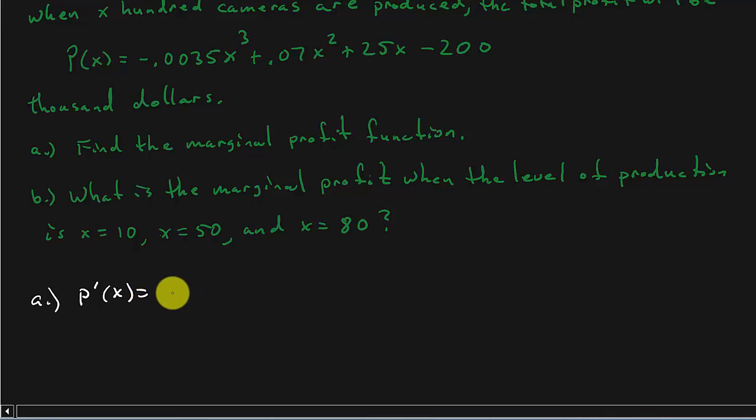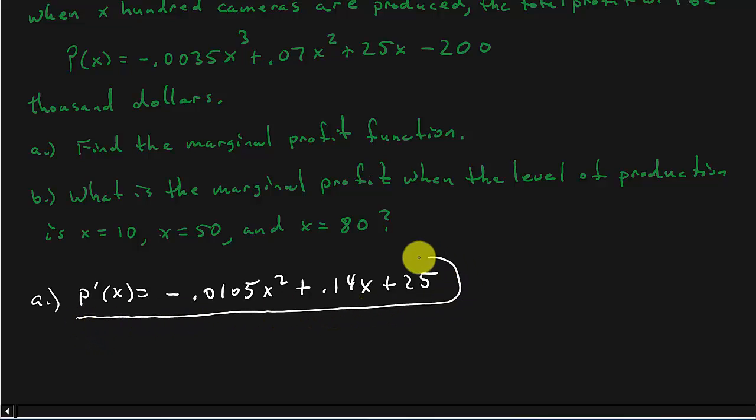So that's going to be negative 0.0105 x squared, right? The 3 comes down 3 times this, and then subtract 1, plus 0.14x plus 25. So there's your marginal profit function right there.